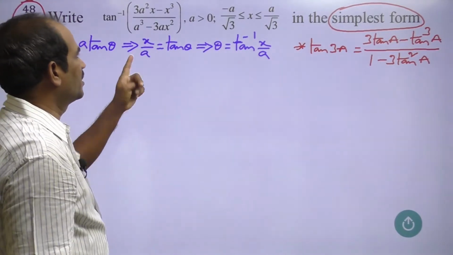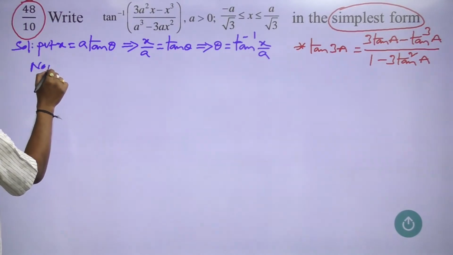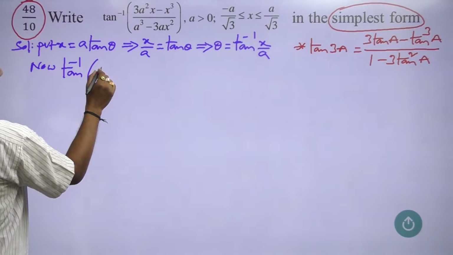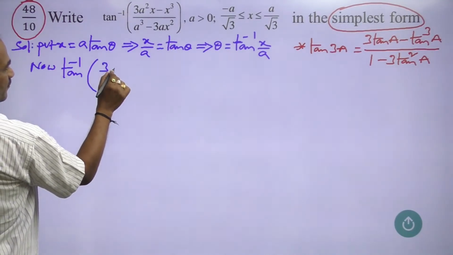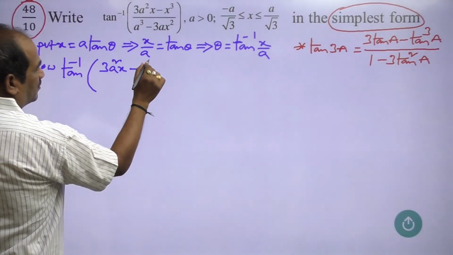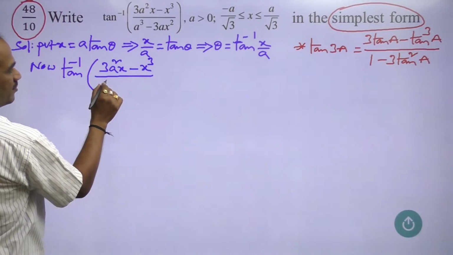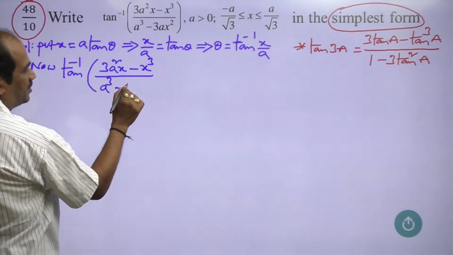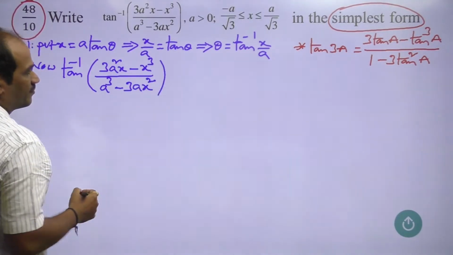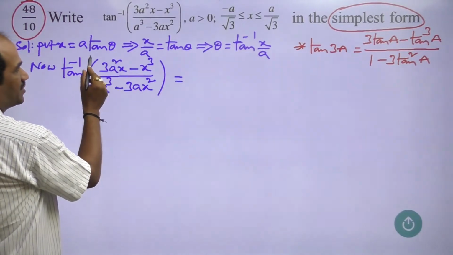Now take the given expression: tan inverse of (3a square x minus x cube) by (a cube minus 3a x square).